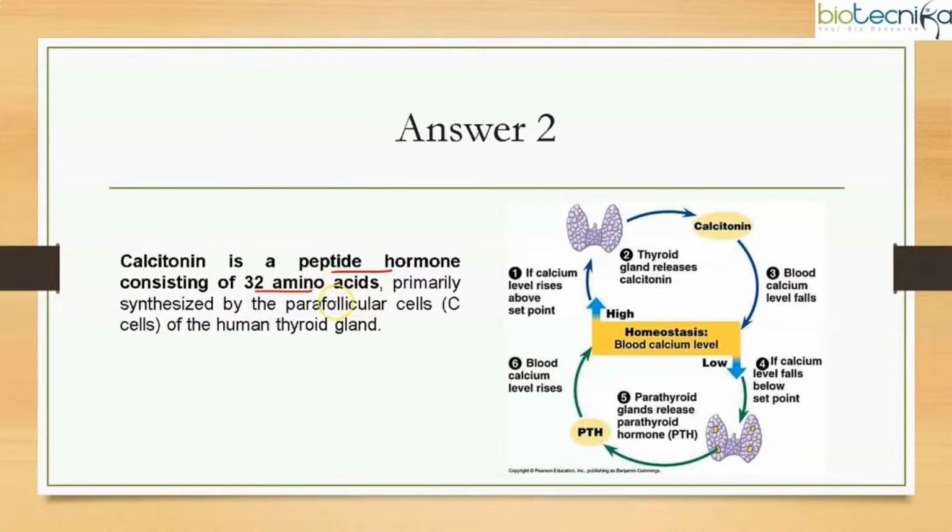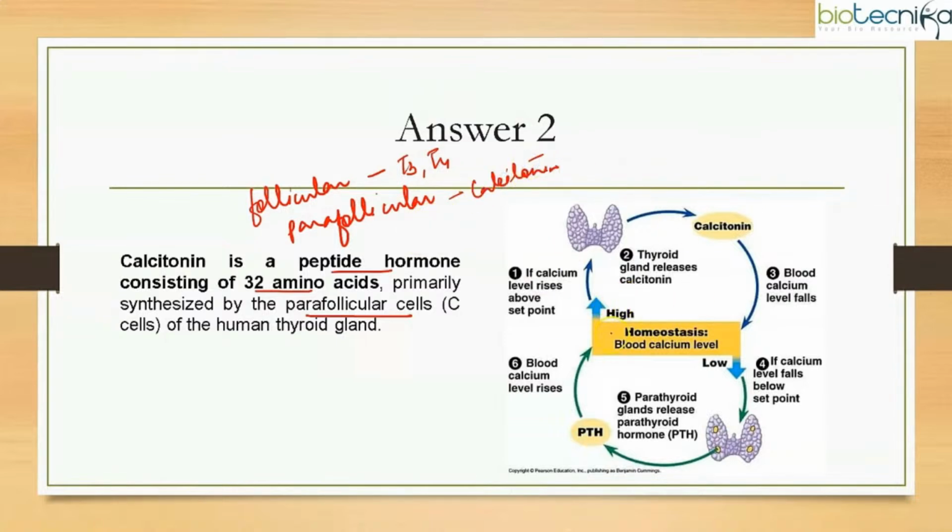These are synthesized by the parafollicular cells. We know in thyroid gland there are two types of cells, right? Follicular cells and parafollicular cells. Follicular cells are basically involved in T3, T4 synthesis, the thyroid hormones. Parafollicular cells are involved in calcitonin synthesis.